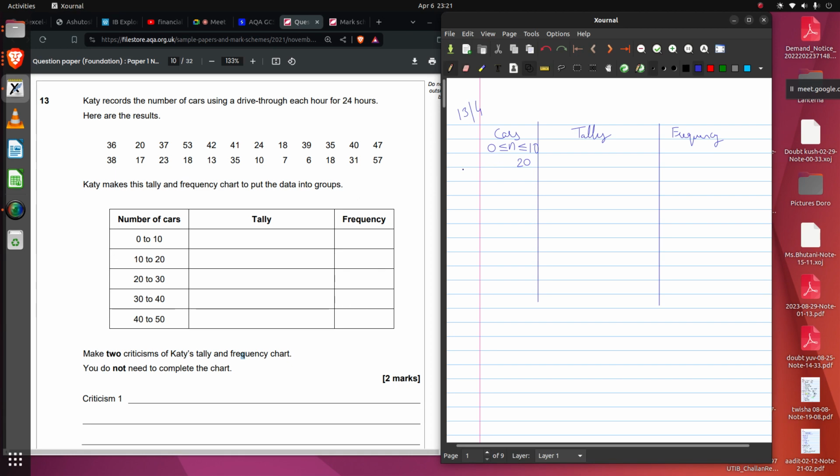Instead of that, they should have written, less than or equal to, where n is the number of cars, less than 10, something like that.